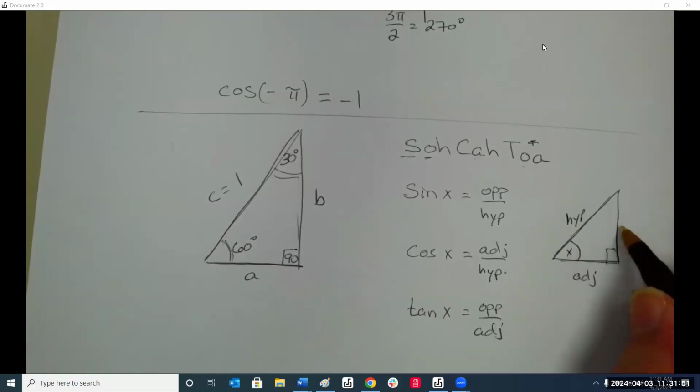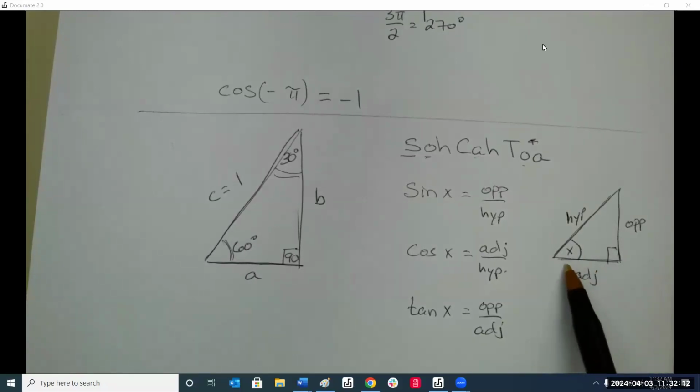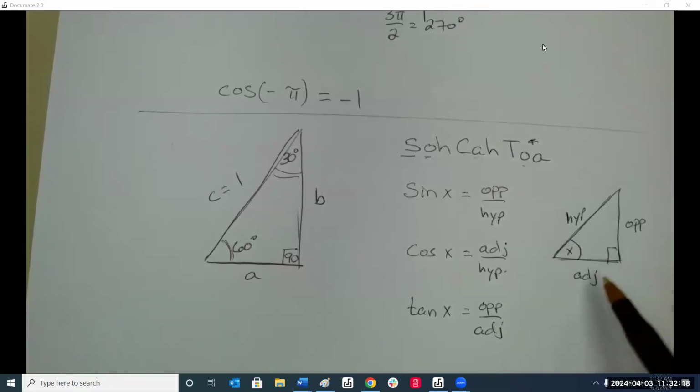The side not touching the angle is the opposite. So this is pretty important. This is where a lot of confusion occurs, people get confused about what's adjacent. Adjacent simply means it's touching. It's part of that angle. The opposite doesn't have anything to do with it.